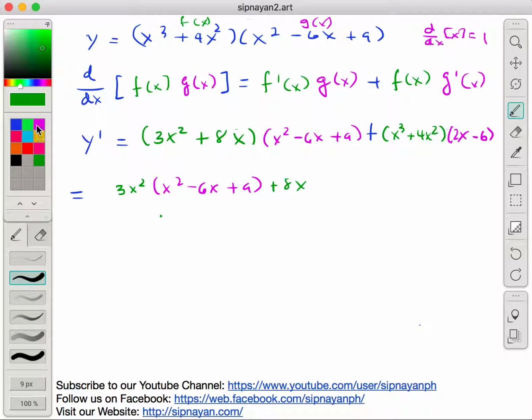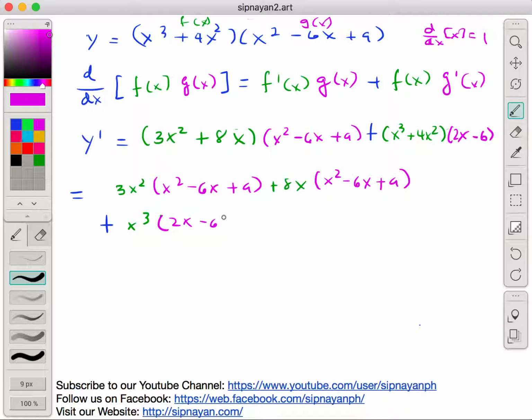Distribute ko rin doon sa x squared minus 6x plus 9. And then I have a plus here. And then yung x cubed, i-distribute ko ulit sa 2x minus 6.